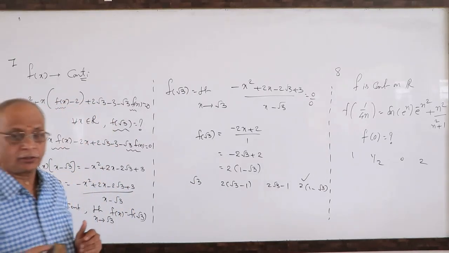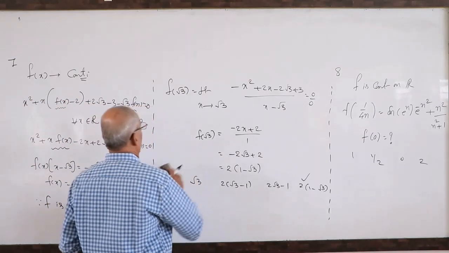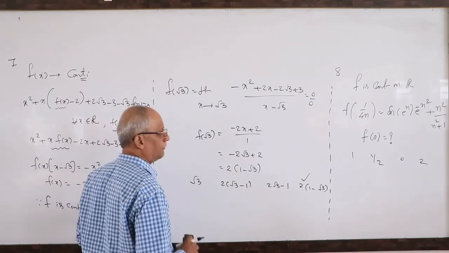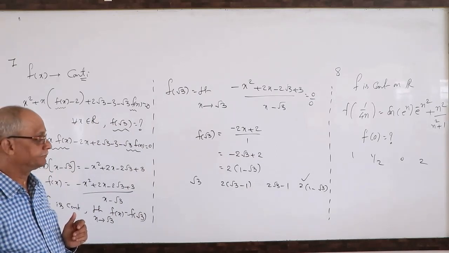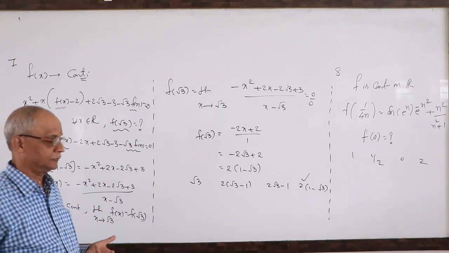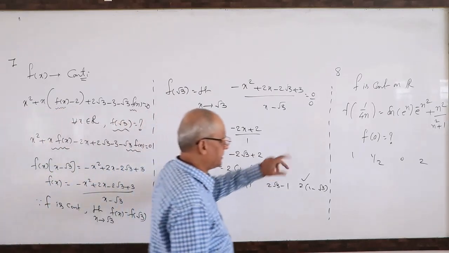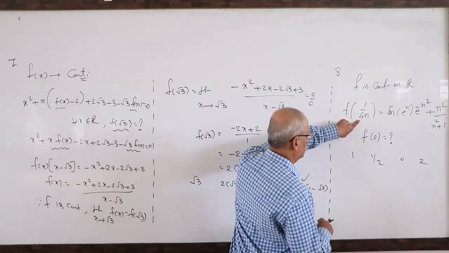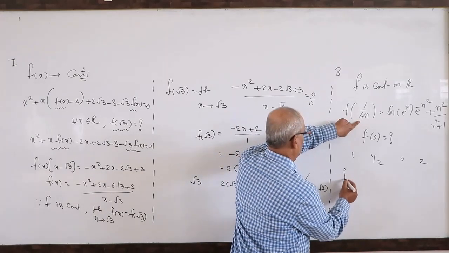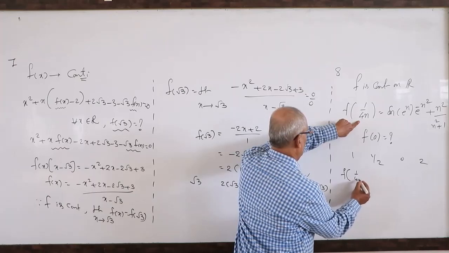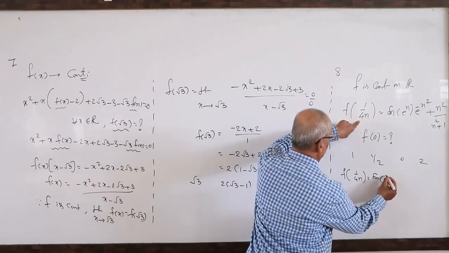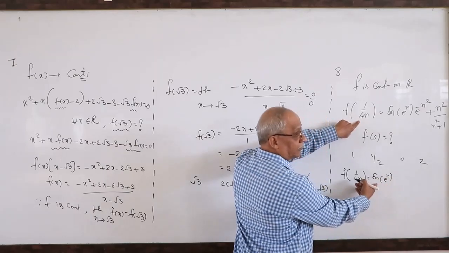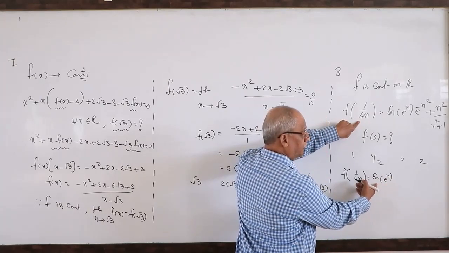See, he is asking f of 0. First of all, sin of something is a finite number, it lies between minus 1 and 1.